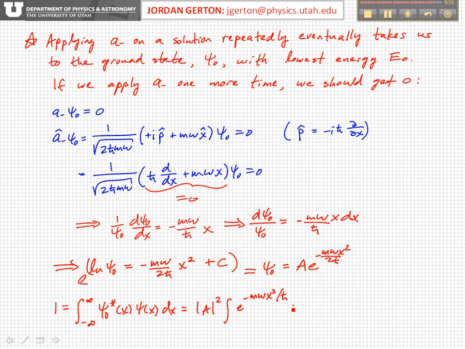Okay, and this is dx, which is equal to, if you look up this integral, what you'll find is the value, going from minus infinity to infinity, is equal to pi h bar over m omega. Okay, and this is equal to 1.